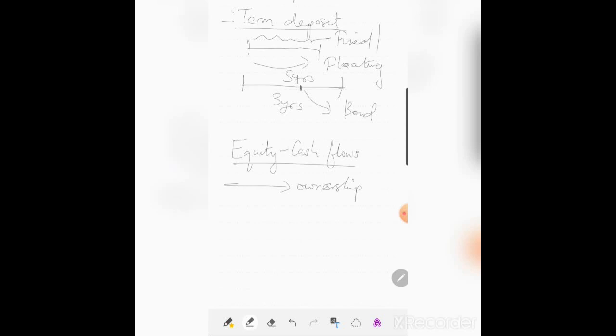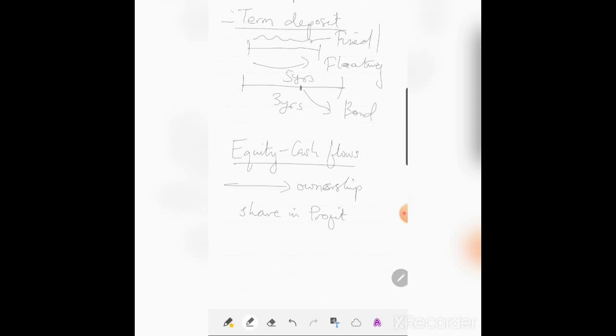So there is no fixed amount. There is no fixed interest that I receive on this. Instead, I'll be compensated with a share in the profit. So if the profits are high, I'll get a higher amount. If the profits are less, I'll get a lesser amount. And sometimes I may not get anything at all.